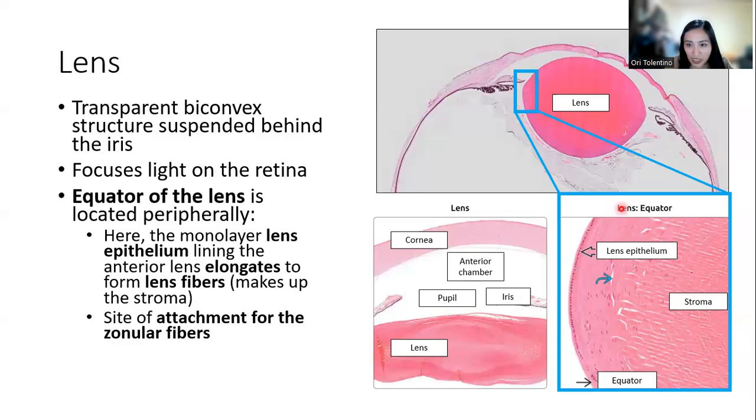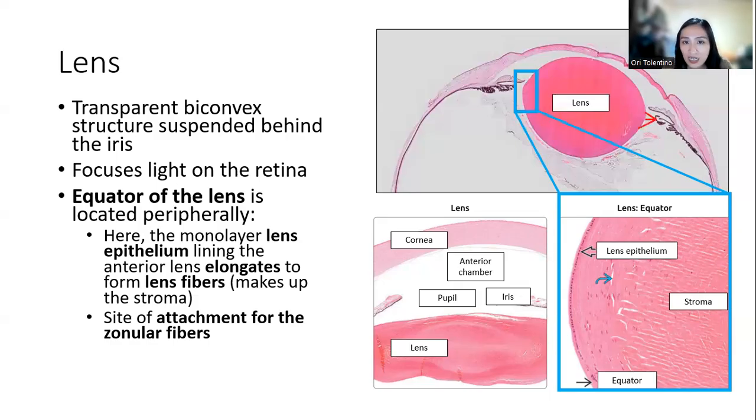This equator is also the site for attachment of the lens for zonular fibers that connect the lens to the ciliary body right here. So the lens doesn't just float in place. It is held by strong fibers called zonular fibers. We cannot see the fibers because they get destroyed during tissue processing.